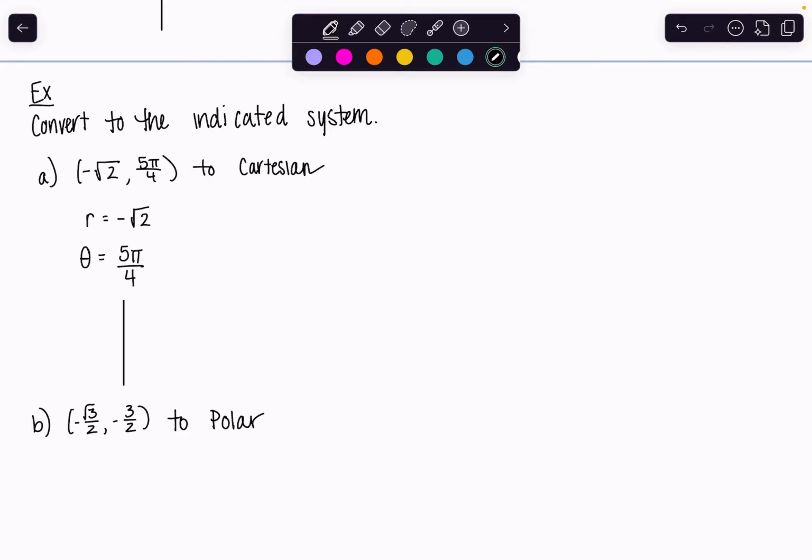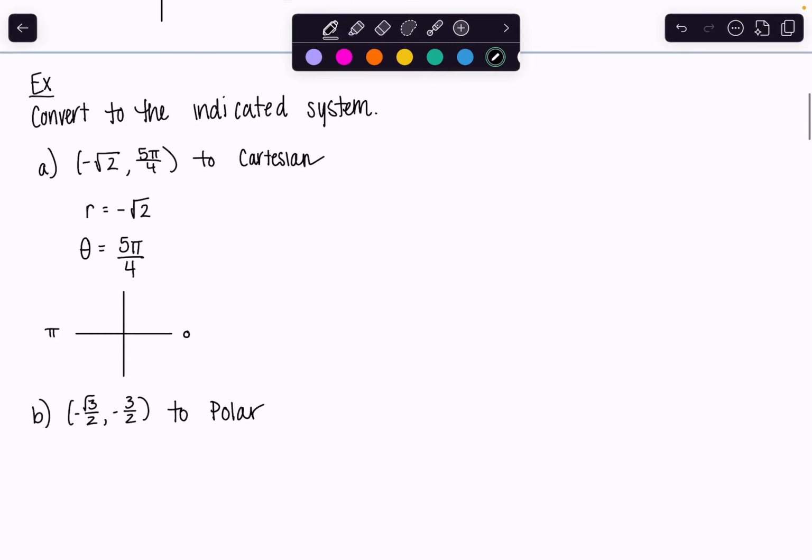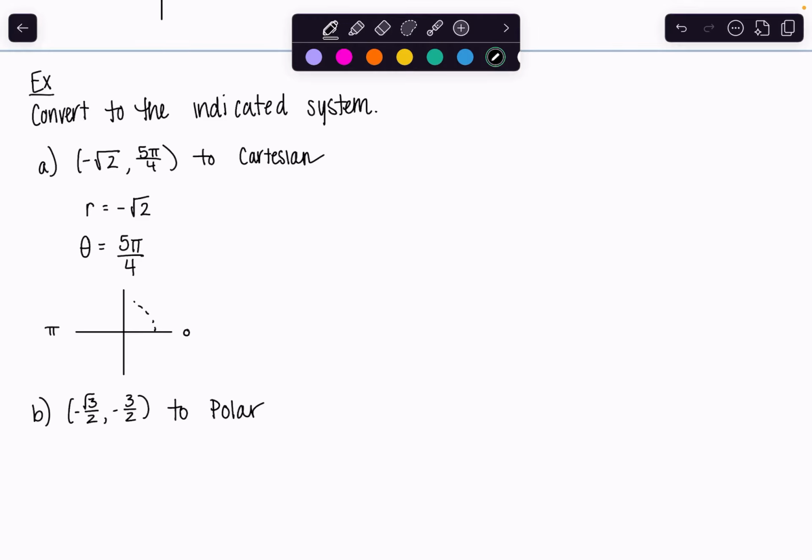You can definitely go ahead and plot this. So here would be 0, here would be pi. My theta being 5 pi over 4 would take me past into quadrant 3. So ultimately, we would go all the way around to right here, but then our radius is negative.